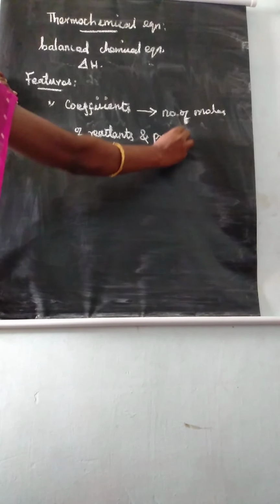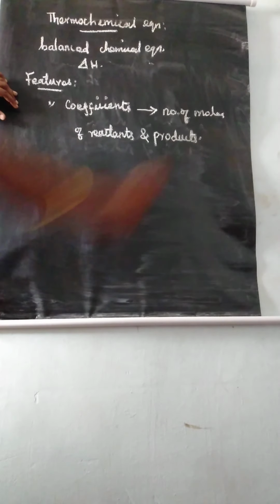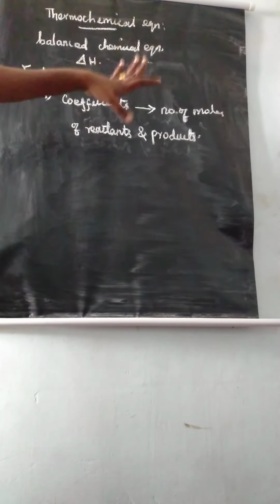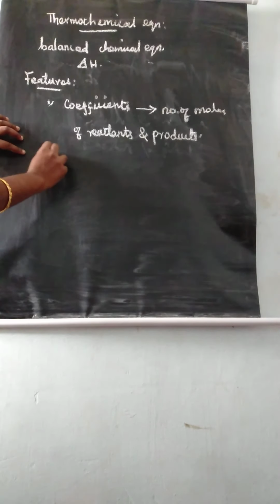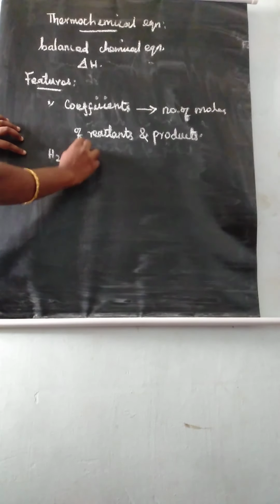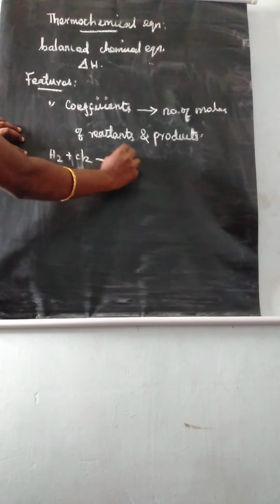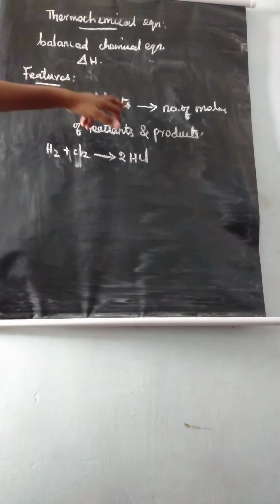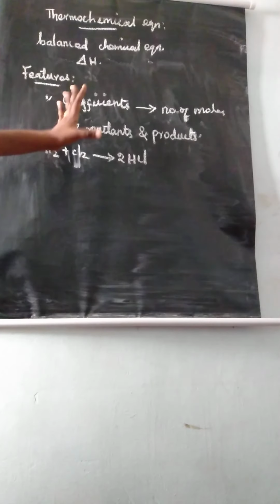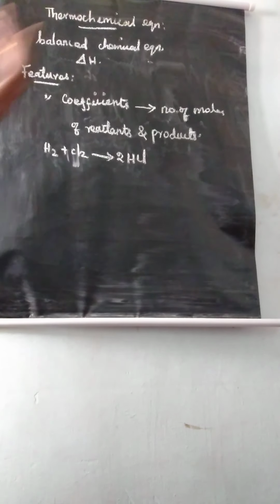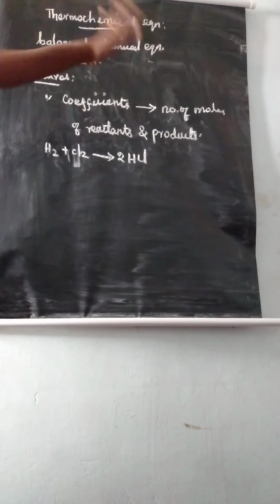Coefficients means, for example, your equation hydrogen plus chlorine gives 2HCl. Here we are telling which one is coefficients. Coefficients means number of moles of reactants and products.